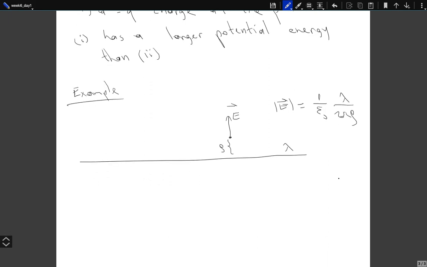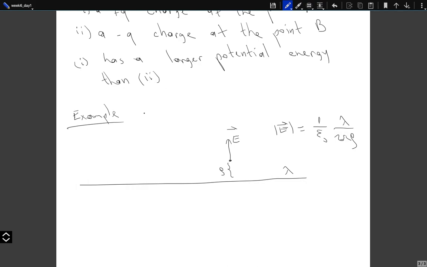Now let's calculate the potential difference between these points A and B, not from infinity, but from A to B. This is just the definition of the potential difference.